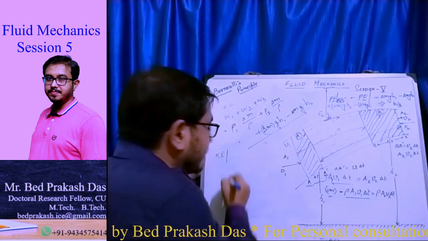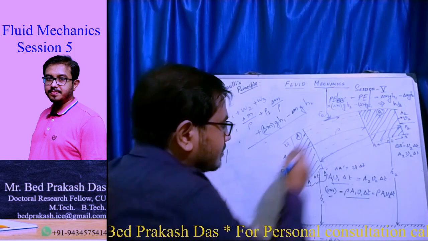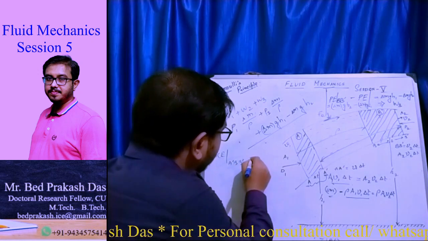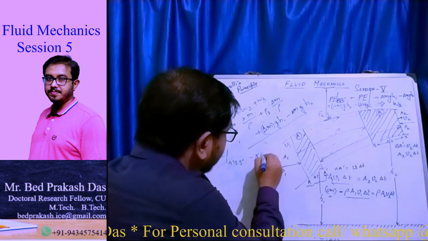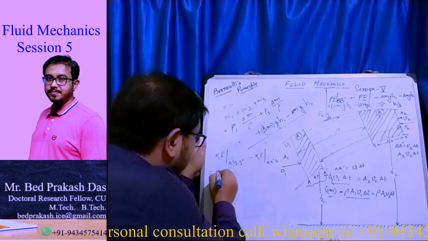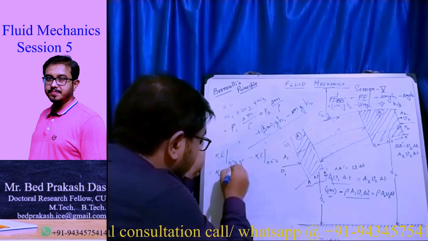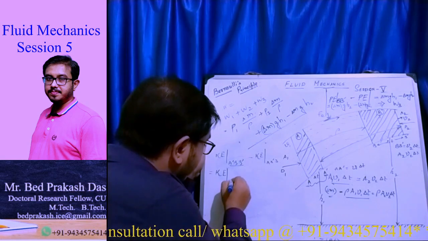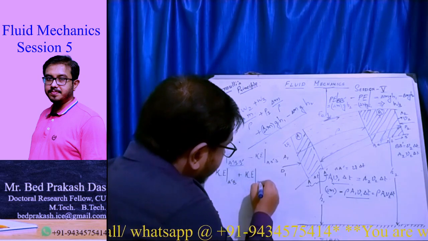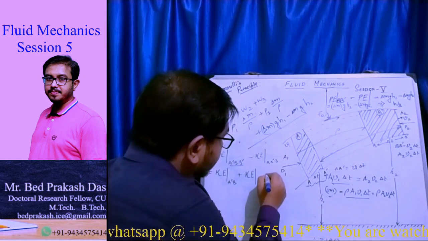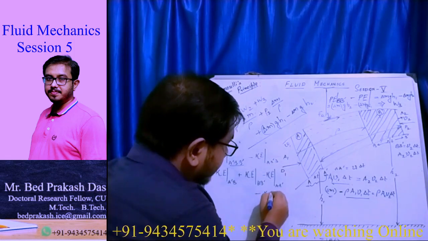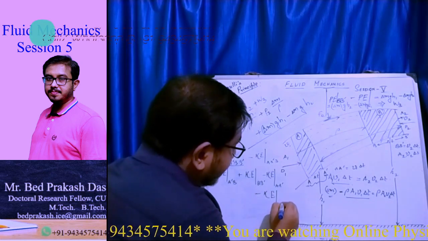The kinetic energy in between this section minus this section will be a'b'bb' minus kinetic energy for a'b. So this part can be divided into kinetic energy for a'b plus kinetic energy for bb' minus kinetic energy for a'b.